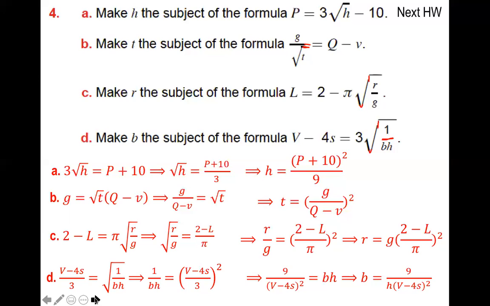And then because we're looking for B being the subject, you divide by H. That means 9 over H times V minus 4S squared. I think the last one's probably the trickiest of the lot here. Yeah, that's what I found. Divide by 3, then square it to get rid of the square root. And after that, you deal with the times by BH both sides.